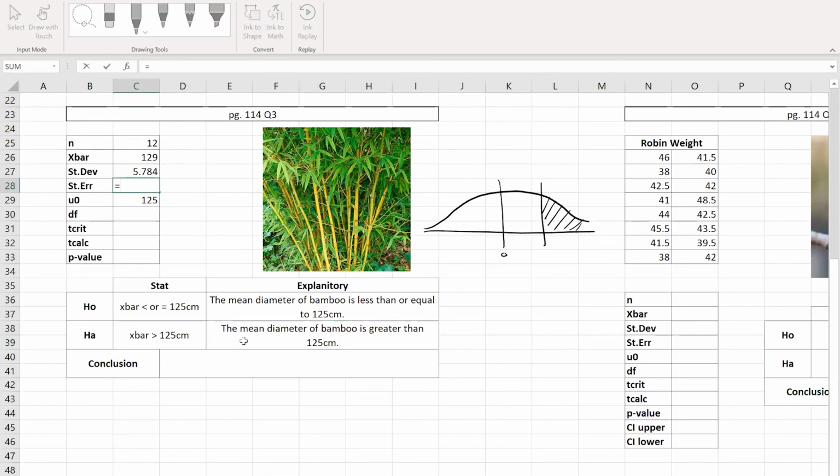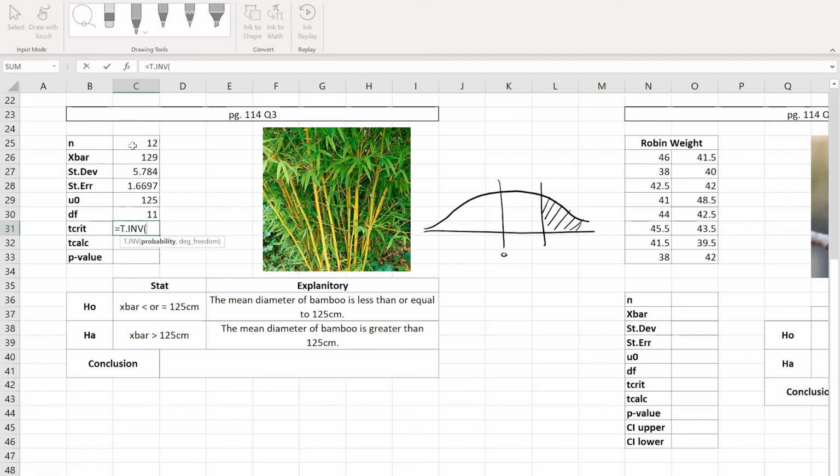Okay, so our standard error is calculated by dividing our standard deviation by the square root of the sample size, degrees of freedom, sample size minus 1. Our t-crit is t.inv, not two-tailed this time, just the .inv.